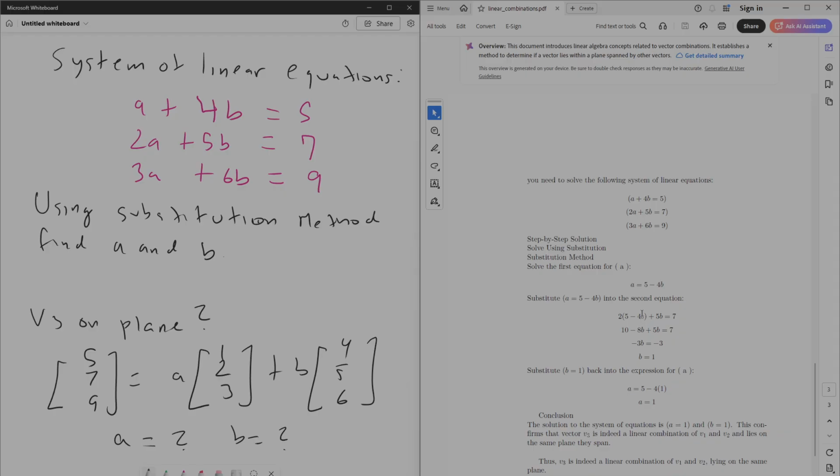Then we solve for b, and we find that b is equal to 1. Now we plug it back into a, and we get that a is equal to 5 minus 4 times 1, which is equal to 1. So a is equal to 1.